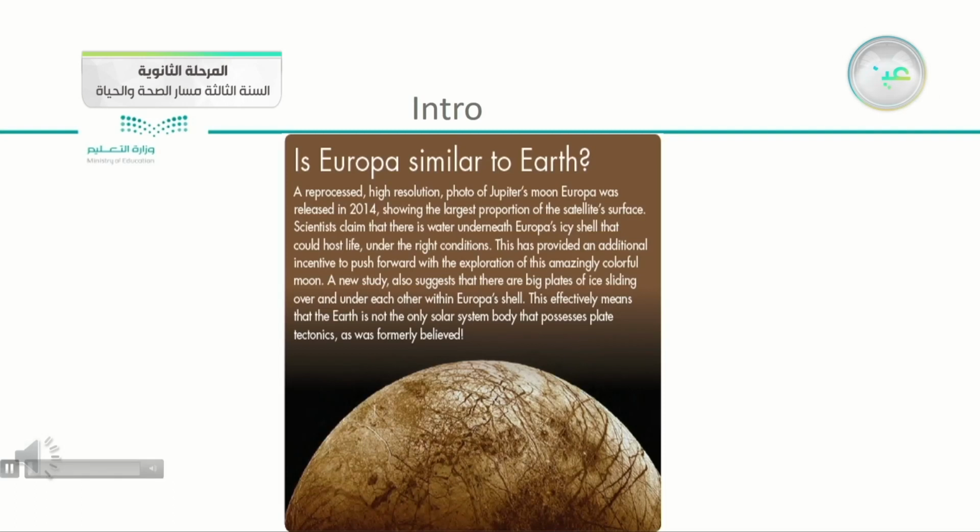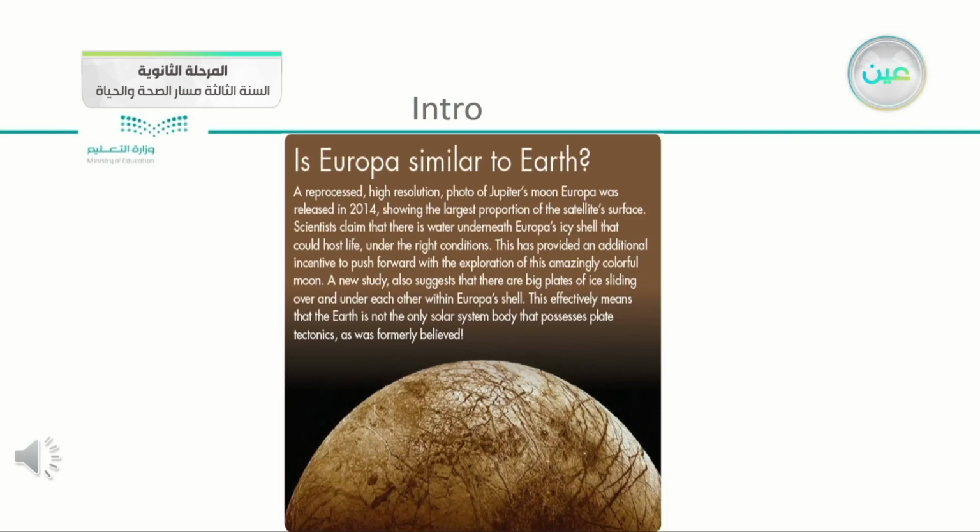Is Europa similar to Earth? A reprocessed high-resolution photo of Jupiter's moon, Europa, was released in 2014, showing the largest proportion of the satellite's surface. Scientists claim that there is water underneath Europa's icy shell that could host life under the right conditions.